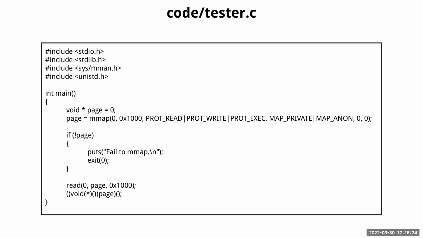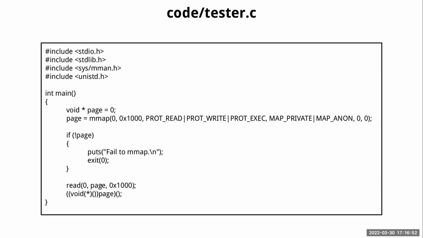Yeah, that's right. So basically, we cast this into a function pointer. Means now we treat the page as code, right? Then we call that function page. So basically, after this, we give control to that page.